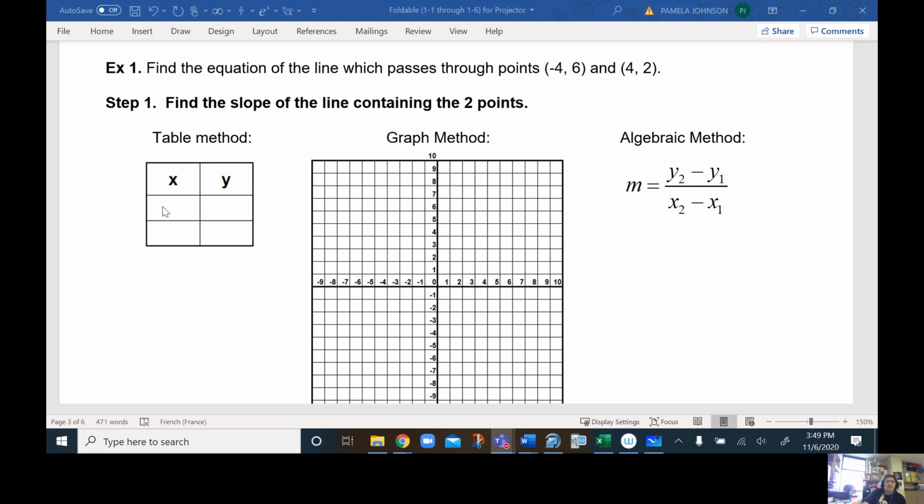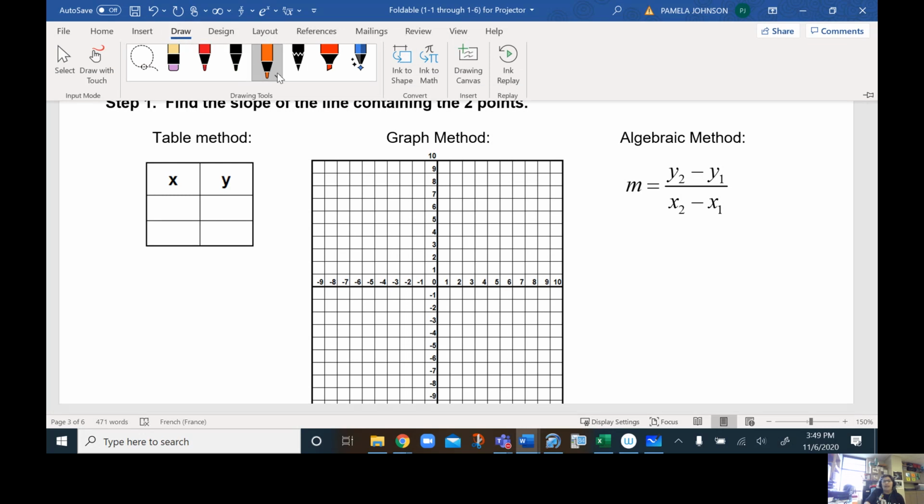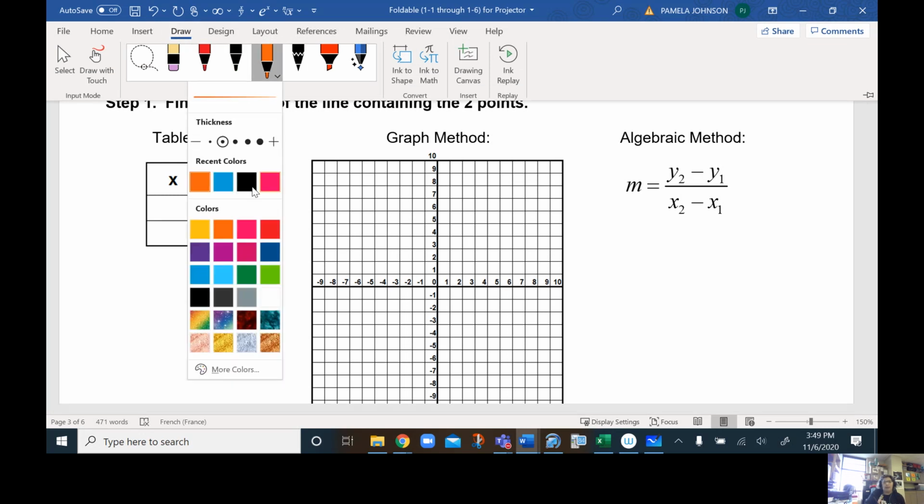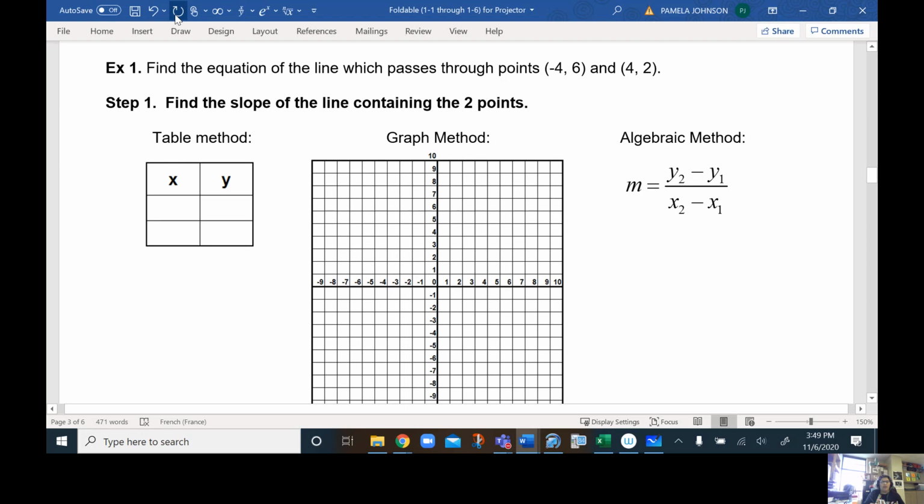Okay, the first way is that we are just going to put our points into a table. And I promised one of my first period students that on this flap we would use galaxy color, so that's what we're going to do today. Negative 4, 6, and then the second point is at 4, 2.